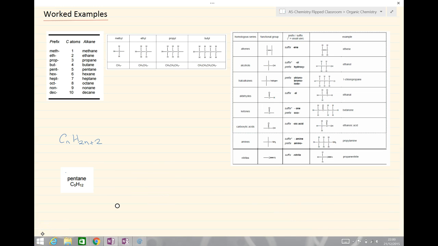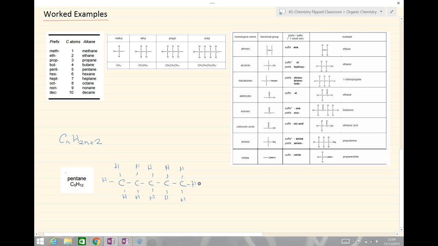So next we'll have a quick look at pentane. Pent this time is 5 carbons. It's got the ending ane, so we know the displayed formula we see 5 carbons, 1, 2, 3, 4, 5, and the hydrogens.